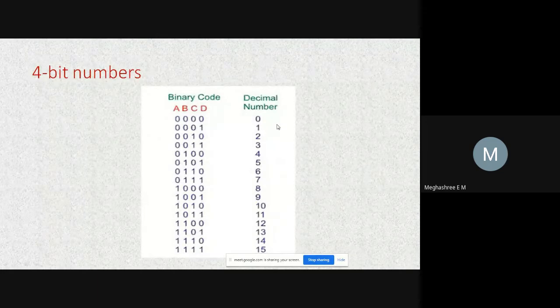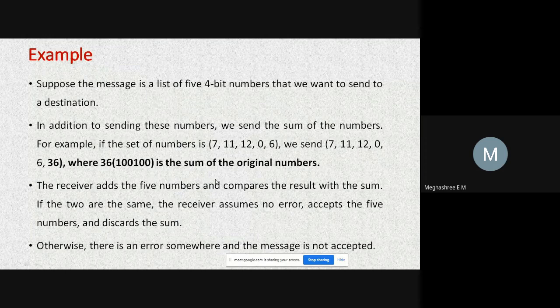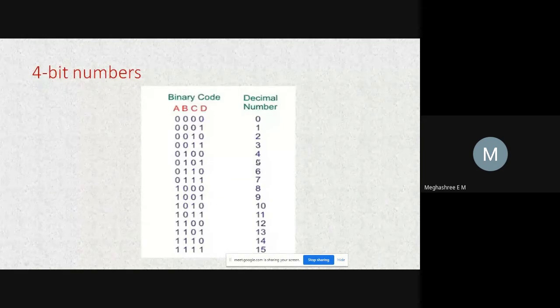If you want to send 0, then you will convert it into 4 bits, that is 0, 0, 0, 0. So 7, 11, 12, 0, 6 can all be represented in the form of 4 bits and sent to the receiver.